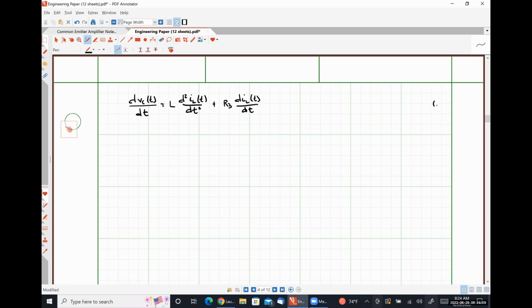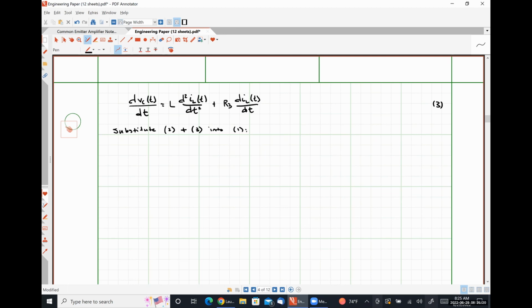I'm going to call this equation 3. And now I'm simply going to substitute equations 2 and 3 into equation 1.